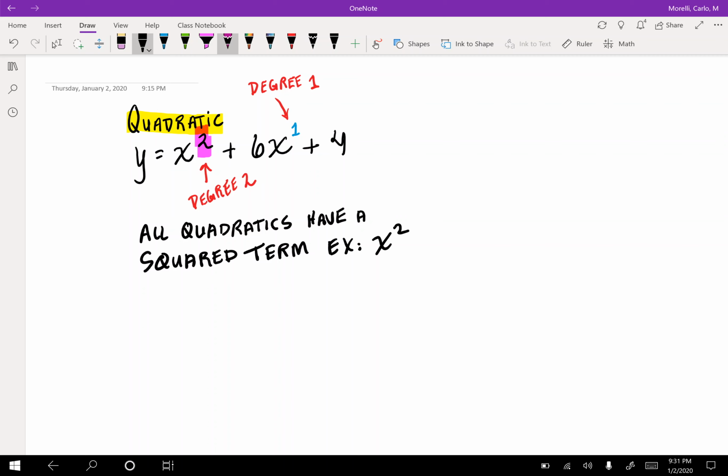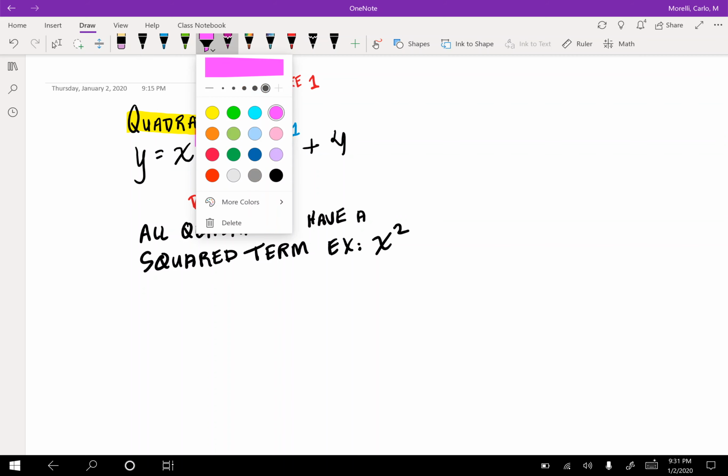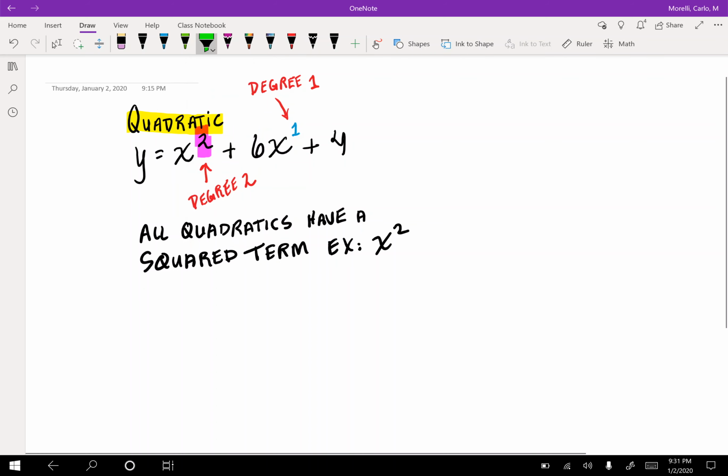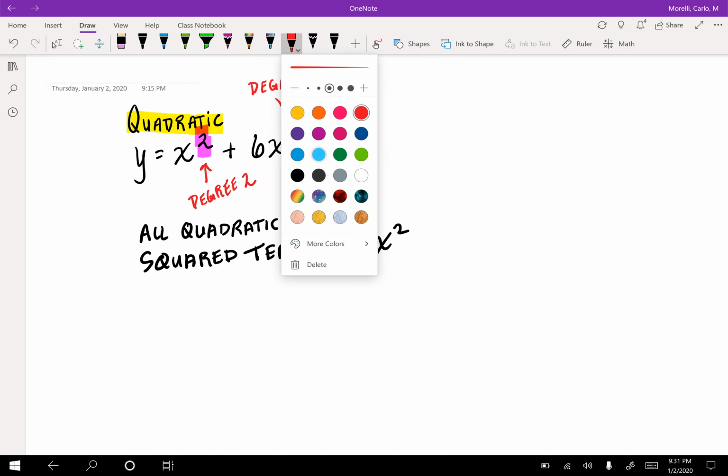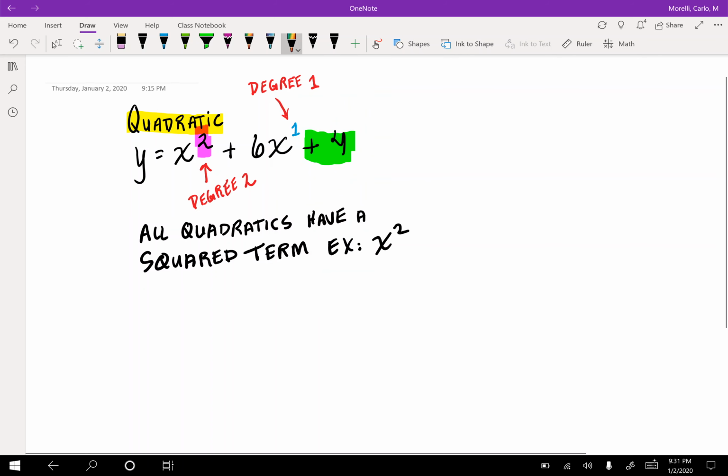Now, there's another part of this thing that is really useful that you should know, and that's this number right here with its sign. That is the y-intercept of the graph. We'll use this funny color here. This right here, this is the y-intercept.